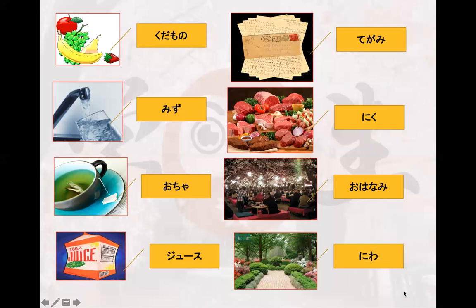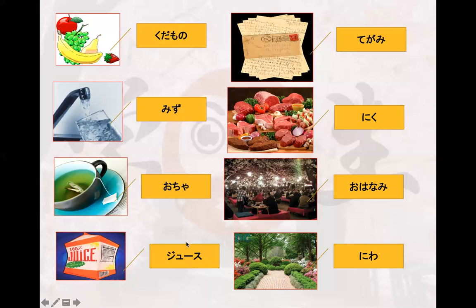And of course, there are many of these in Japan. Niwa is garden. The gardens in Japan are very beautiful. So these are, again, our vocabularies: kudamono, mizu, ocha, juice, tegami, niku, ohanami, and niwa.